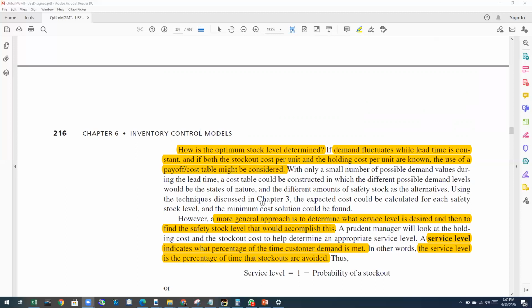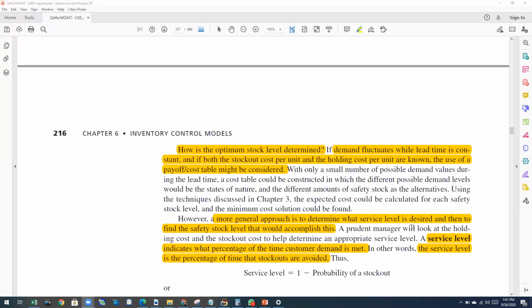But a more general approach can be used instead, especially when you have so many possibilities, since a payoff table would become huge. The more general approach is to determine the service level that is desired.